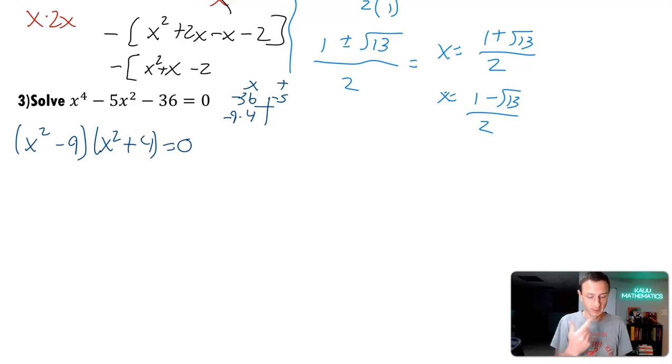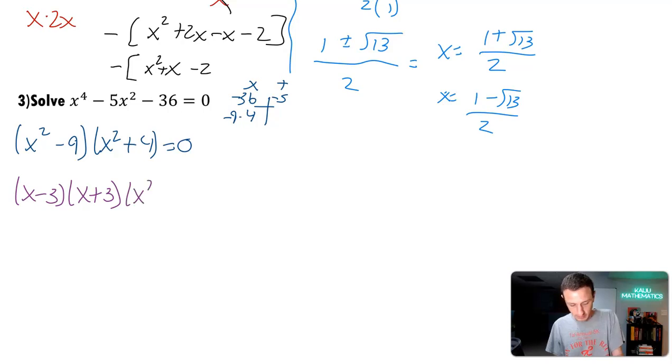Instead of x times x being x squared, x squared times x squared is x to the fourth. But now you have to find that next step where we have a difference of two squares. X squared minus 9 is x minus 3 times x plus 3 times x squared plus 4 equal to 0. So we do have that difference of two squares.